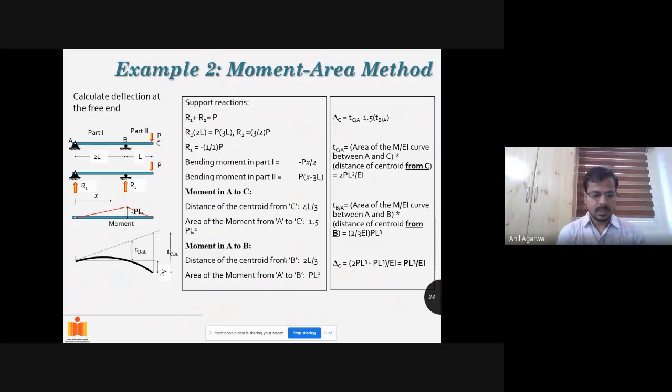So double integration method can be used for what kind of problems? What kind of structures? Which structures can it be used for?